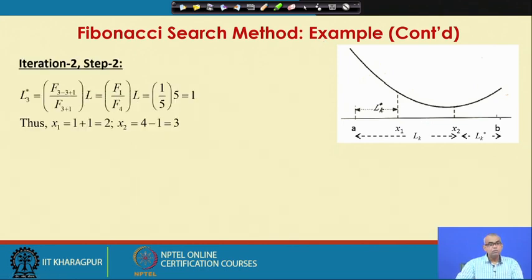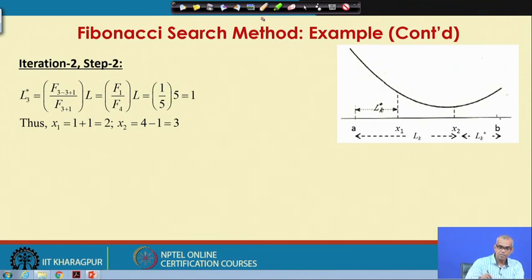Now, second iteration, we start with step 2 because step 1 was the initialization. So, compute L 3 star, again put n equal to 3 and k equal to 3 in f n minus k plus 1 by f n plus 1 into L, and you compute L 3 star as 1.